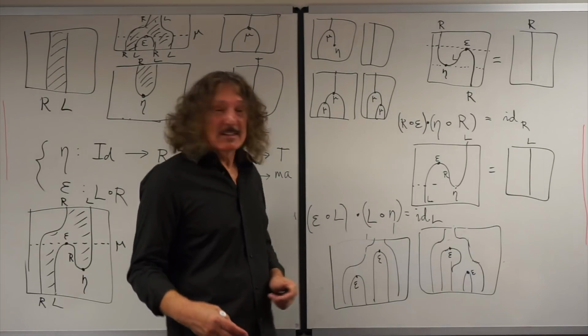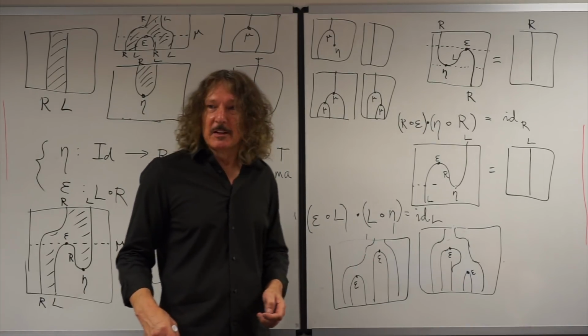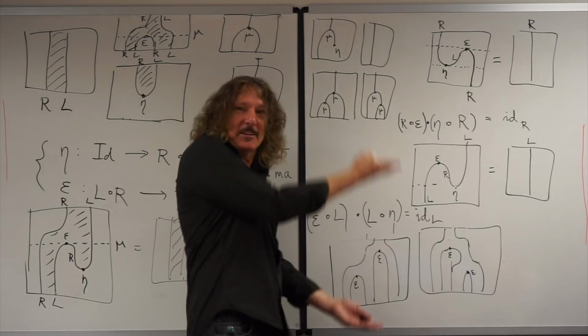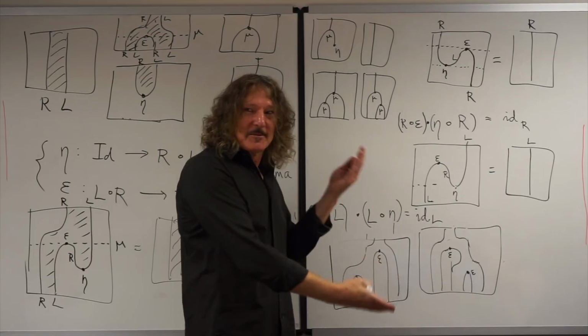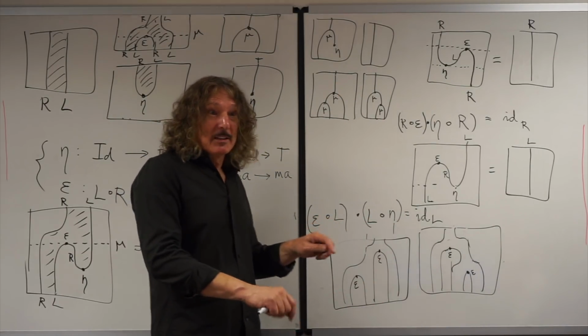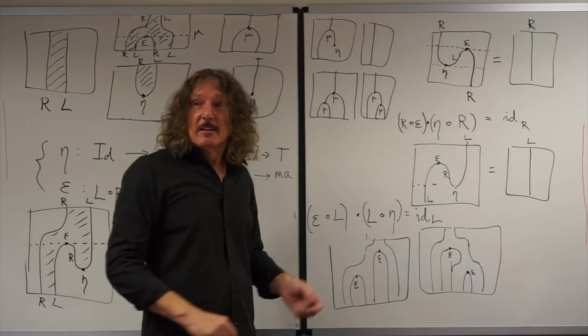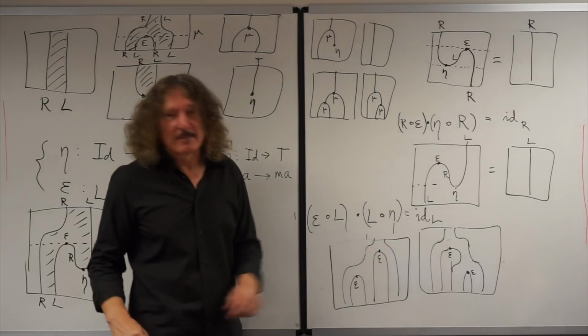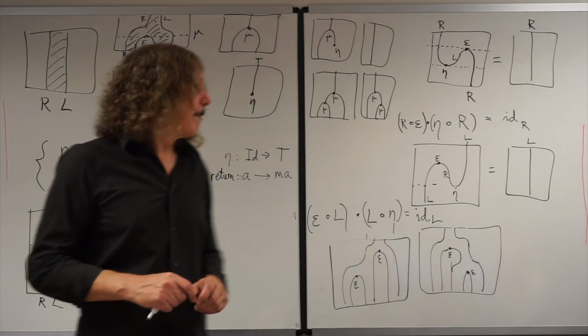I don't even need snake identities. Why are they equivalent? Because of the interchange law. I can move things up and down, as you've seen with the interchange law. It tells us that we can move these dots up and down, and as long as we don't cross the lines, it's the same. So this just follows from the interchange law.